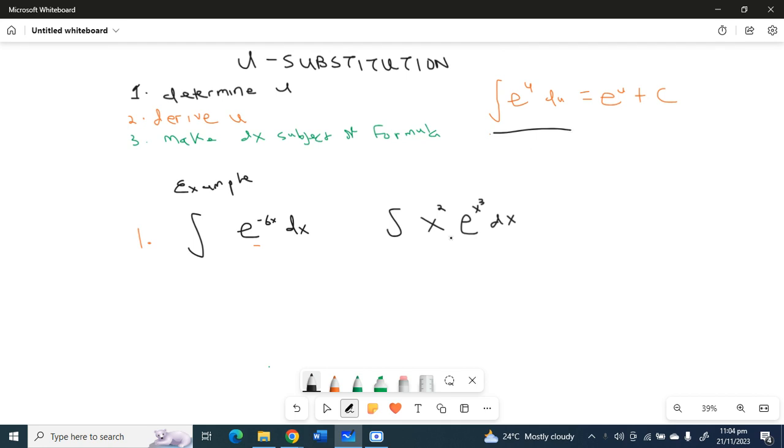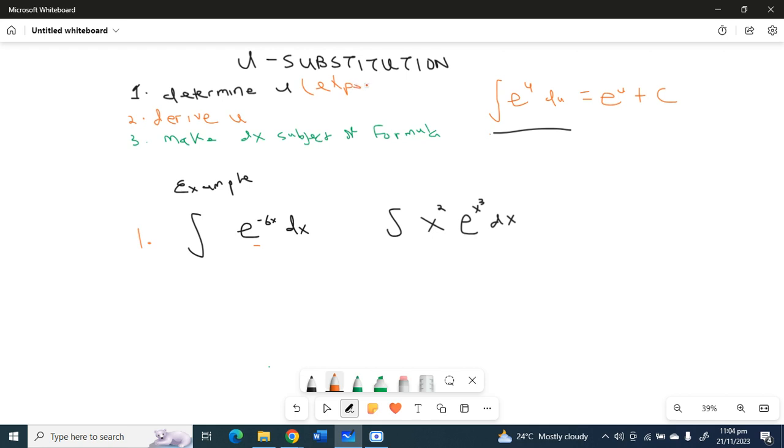There are some steps you must follow when you're integrating using U substitution. The first step is to determine u. Whenever you're integrating e by itself, u is usually the exponent of e.